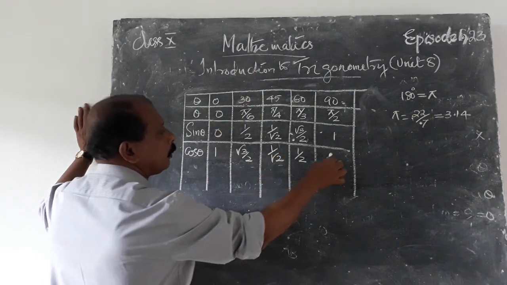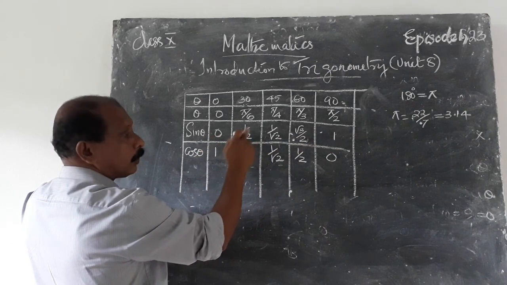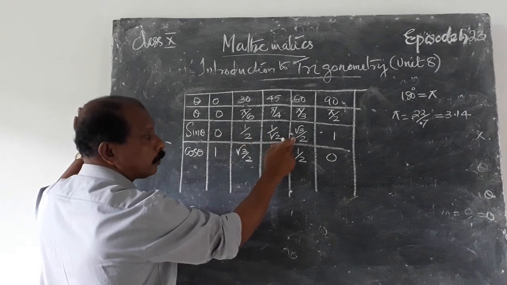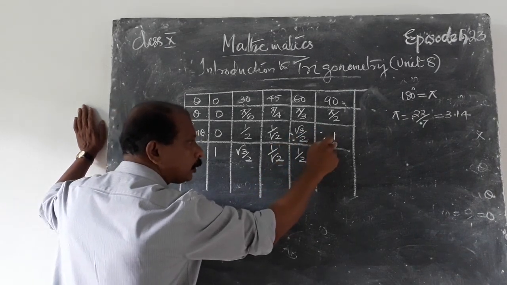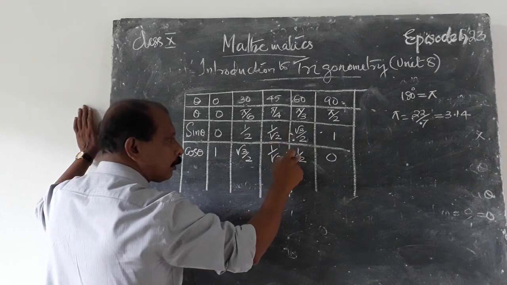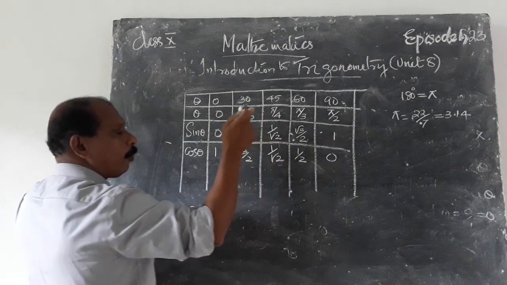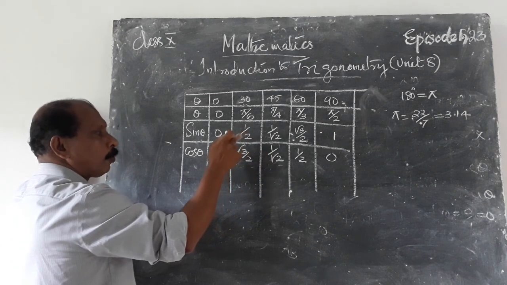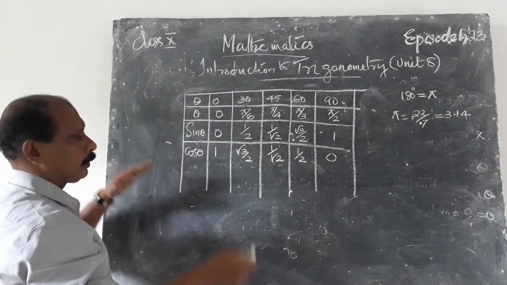And cos 90 is 0. That is, sin 0 is 0, sin 30 is 1 by 2, sin 45 is 1 by root 2, sin 60 is root 3 by 2, sin 90 is 1. Cos 90 is 0, cos 60 is 1 by 2, cos 45 is 1 by root 2, cos 30 is root 3 by 2, cos 0 is 1, that is the reverse.